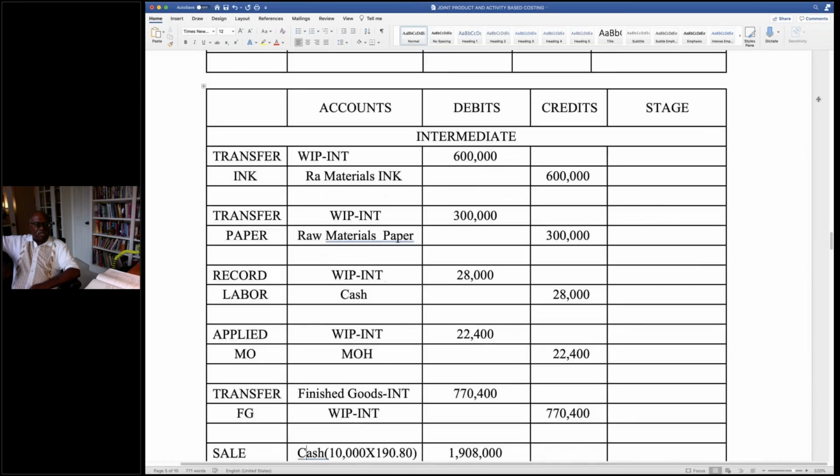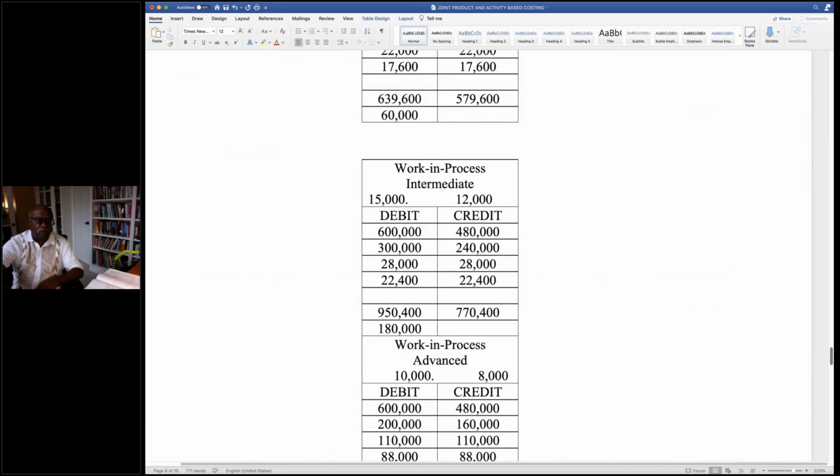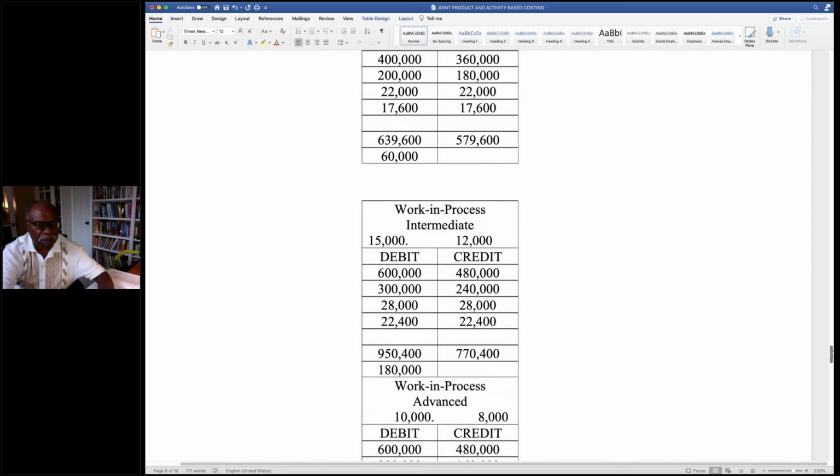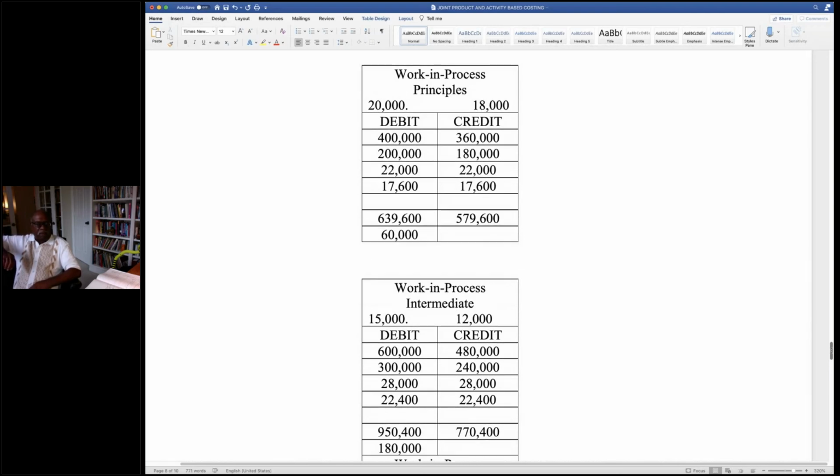So work in process for principals, you have what? 639,600 and 579,600. So bring those numbers up. Well, bring your 60,000 up.